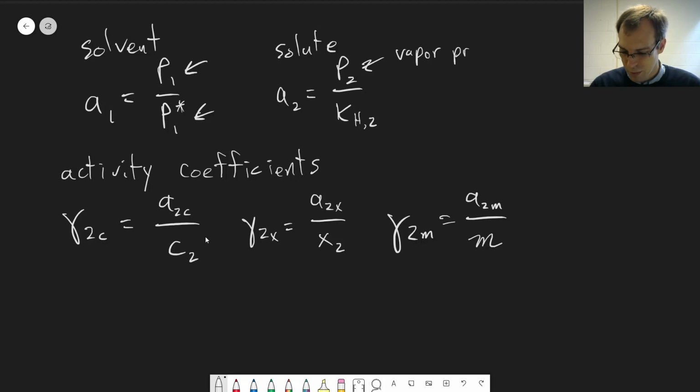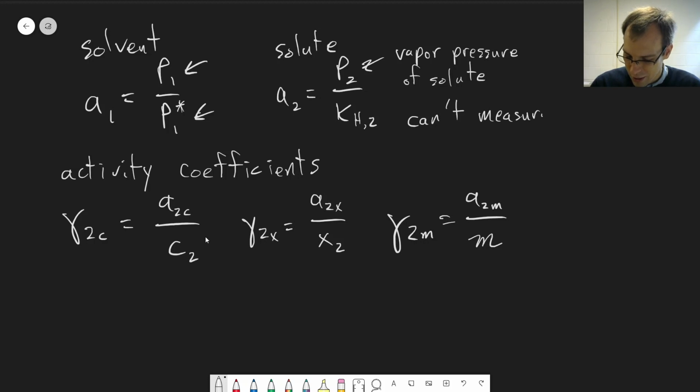Number one, there's not very much of it in the solution, and number two, it is usually a solid, so it doesn't have a very high vapor pressure in the first place. So usually you can't measure this directly. With the solvent, it's easier. You can measure that pressure directly, but with the solute, you can't. So we need a different way to find activities and activity coefficients for the solute.